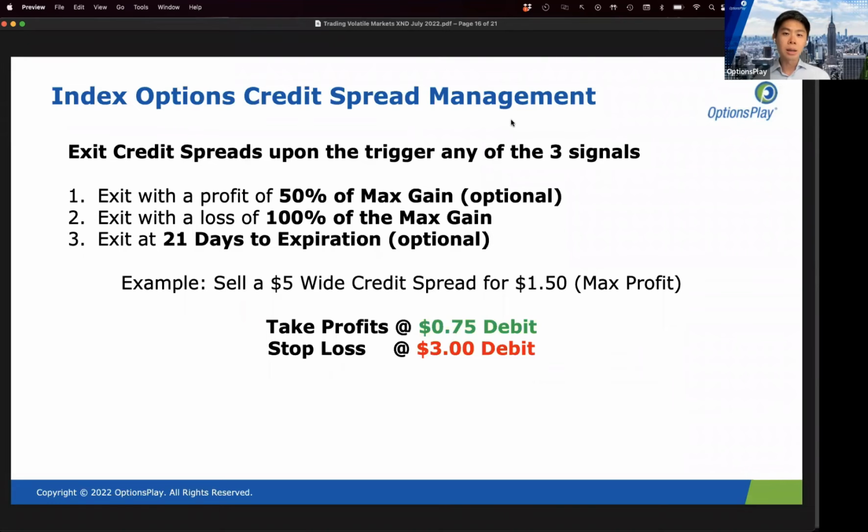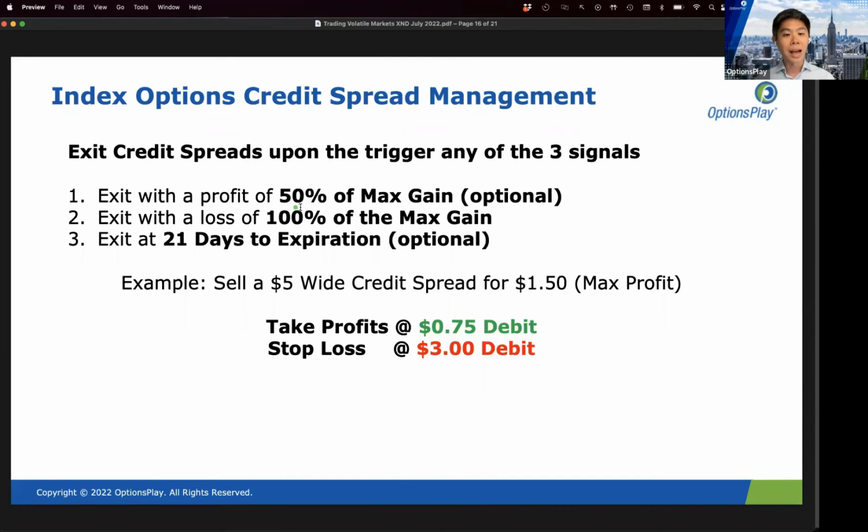Depending on where it lands, you can find yourself assigned on the short leg and not exercised on the long leg. There's a lot of risk in that, right? And sometimes you can even be assigned early. So these are all things that you have to manage, and we have a bunch of rules in place to help reduce the risk of that.